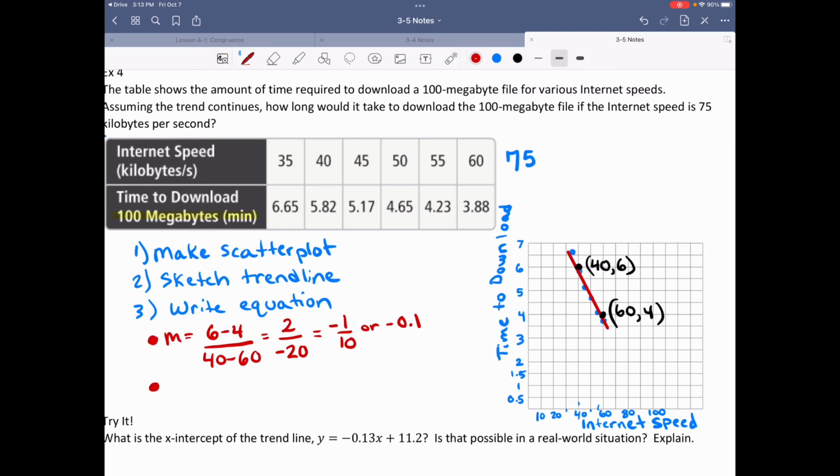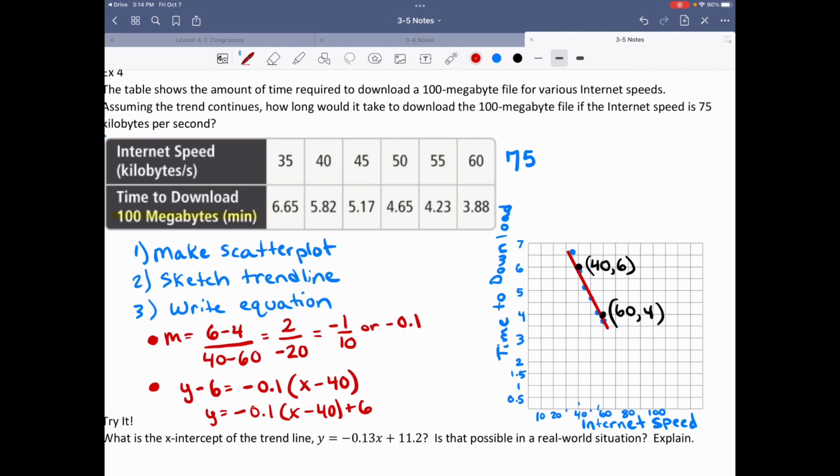So point slope form would be y minus, I'm going to use the top point, so y minus 6 equals -0.1, and then parentheses, x minus 40. Now I could rewrite that as, I could add 6 to both sides, so y equals -0.1(x minus 40) plus 6.